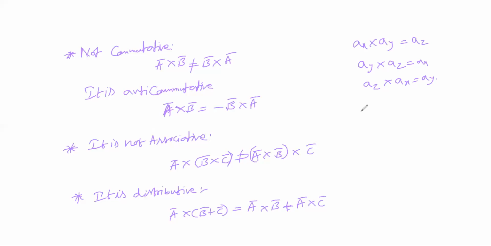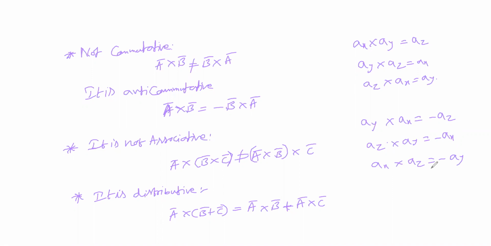To show the anti-commutative property, you can write AY cross AX equal to minus AZ, AZ cross AY equal to minus AX, AX cross AZ equal to minus AY.